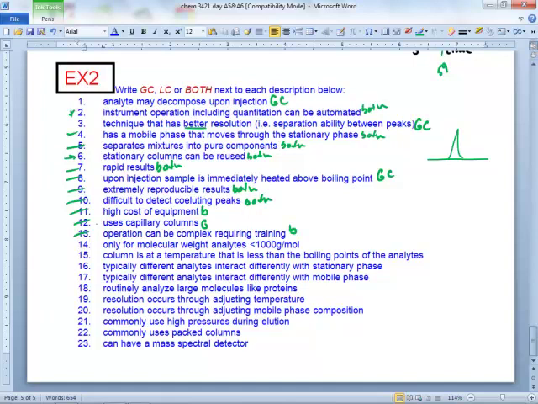So stuff gets so big you have to heat it so high it's going to decompose, fall apart, caramelize, whatever word you want to use. So it only works for LC for stuff that's that big. Remember, only what percent is good on the GC? 20.